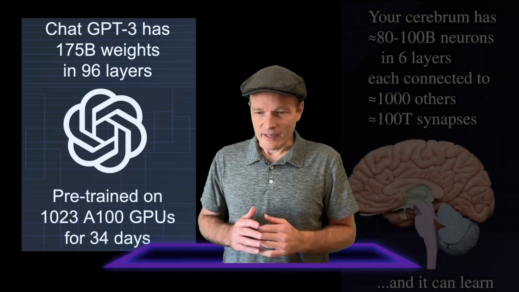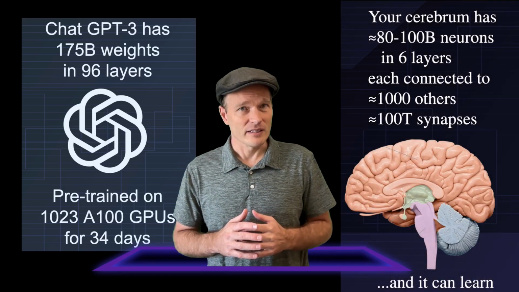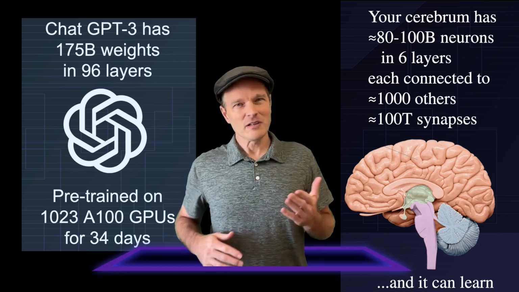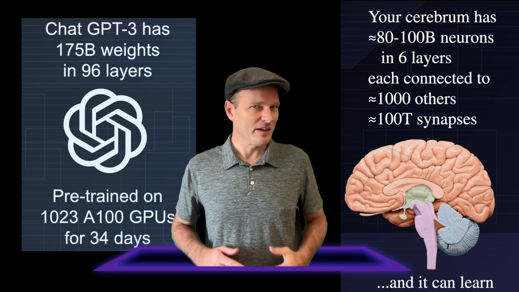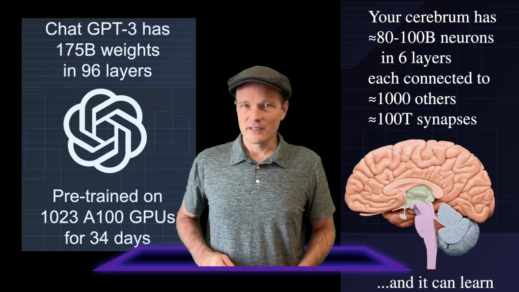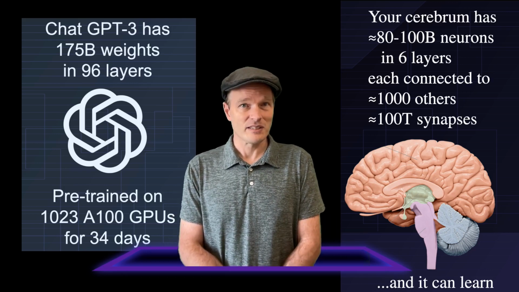Now, if we look at the brain, we see that your cerebrum alone has 80 to 100 billion neurons in it. Each of these is distributed in just 6 layers. Now, for a long time, we thought if we could build a model that had 100 billion parameters in it, then it could probably achieve parity with the brain. But as neuroscientists have looked deeper, they've actually found nonlinearities in the dendritic connections themselves.